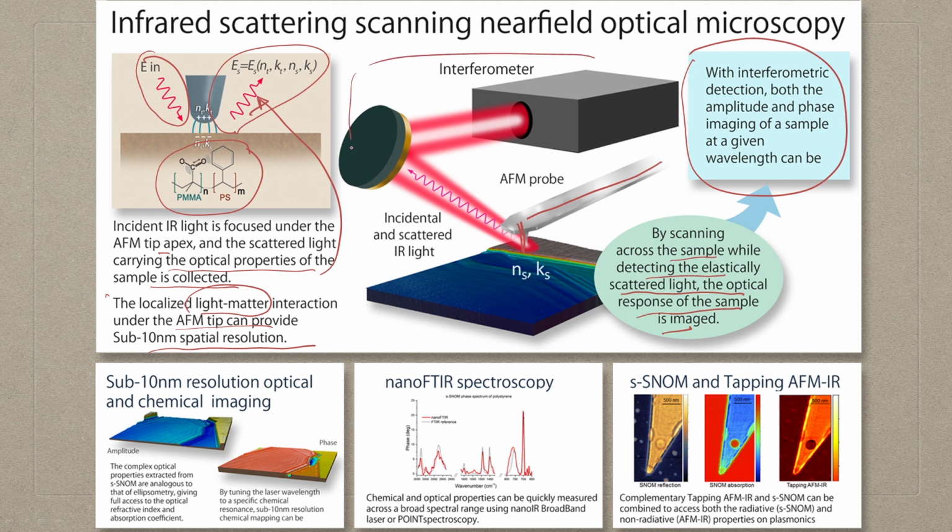This is the overall assembly, and a sub 10 nanometer resolution optical chemical imaging is feasible with this technique. Nano FTIR spectroscopy is being done, where you are parallelly detecting the chemical nature of the compound under investigation. Overall, this is how this whole assembly of AFM can be coupled with this particular system.